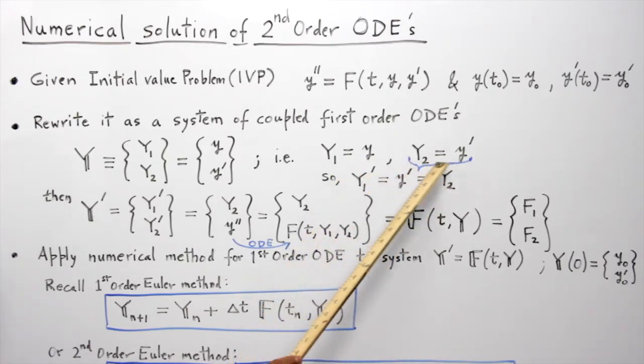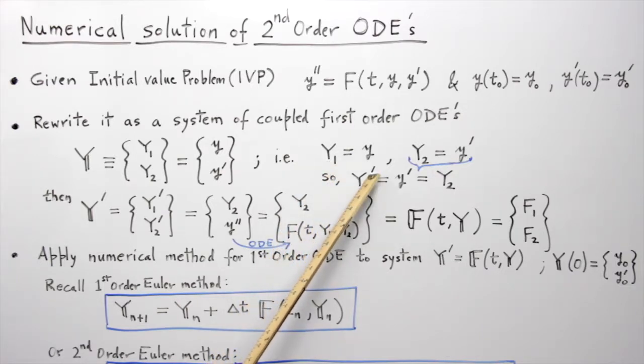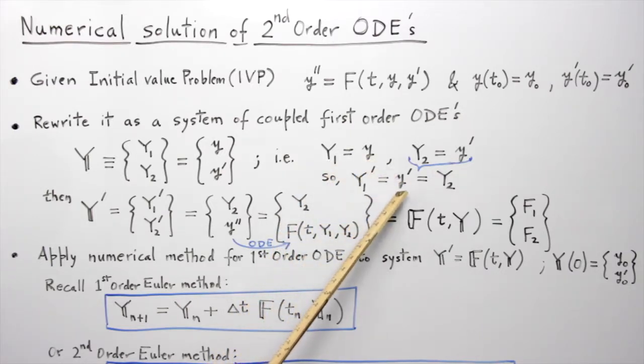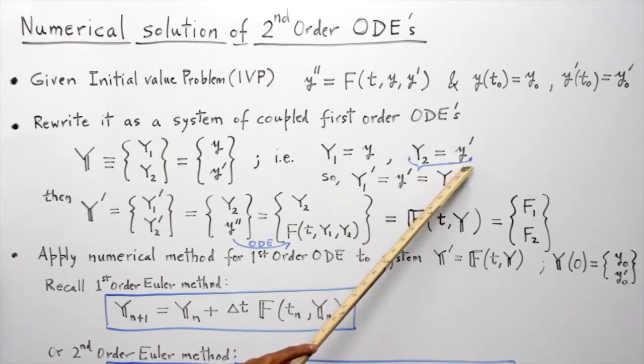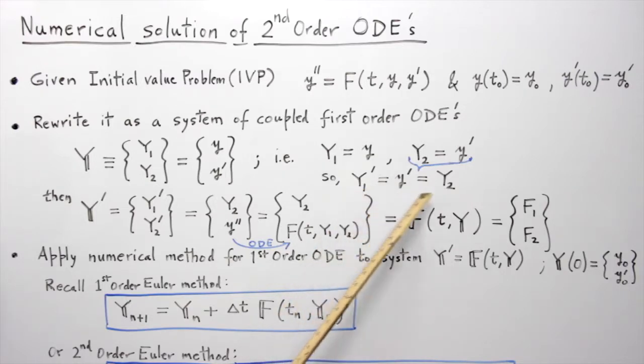And so given these two, it follows that if I take the derivative of this first function, capital Y1 prime, that would be y prime. But we have already given a name to y prime. We have called y prime equals Y2. And so this equation therefore follows from our definition that Y1 prime is equal to Y2.